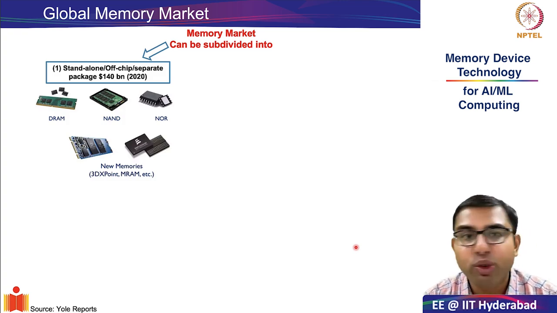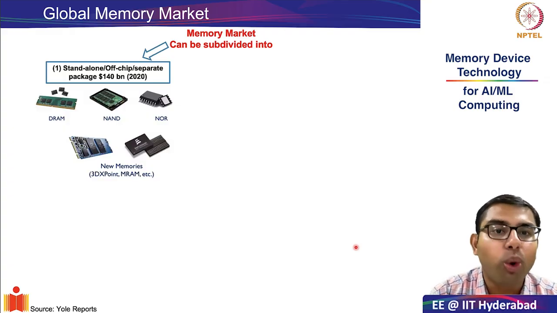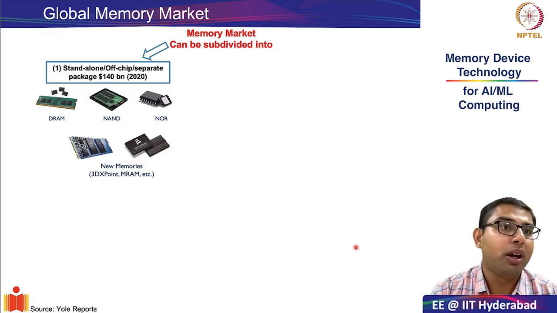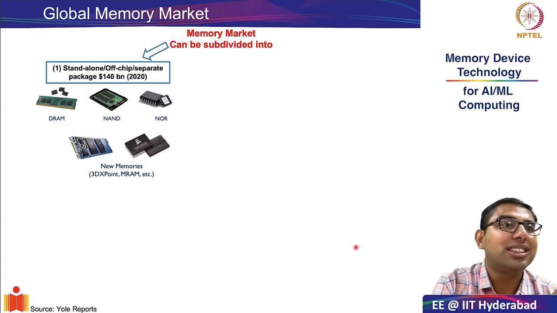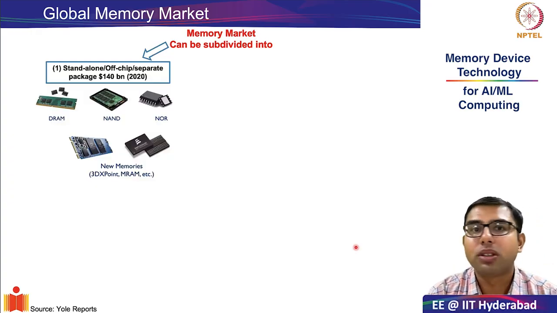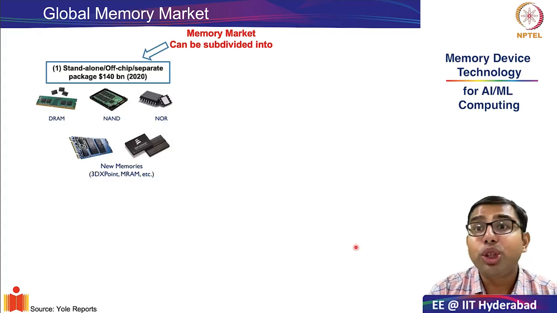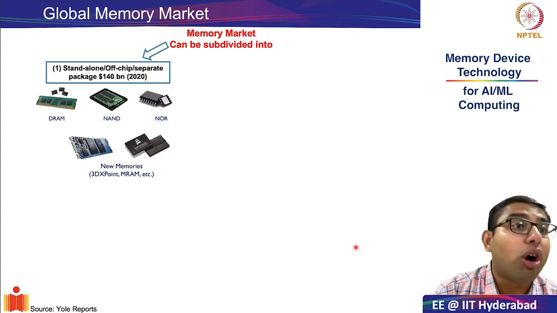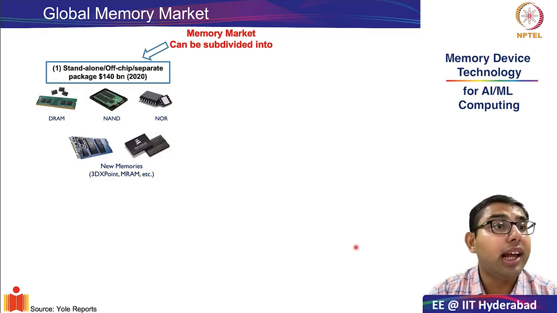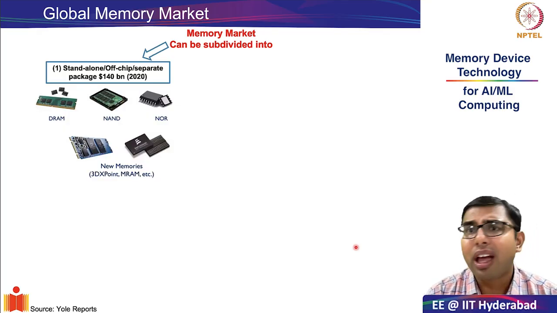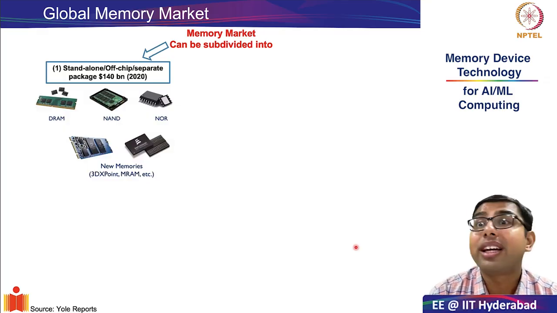The first subdivision is the standalone or the off-chip memory market, where you get separate dies or separate packages, right? So as you know, memory can be both on-chip or off-chip. What were the essential elements of off-chip memory? Everything except the caches.